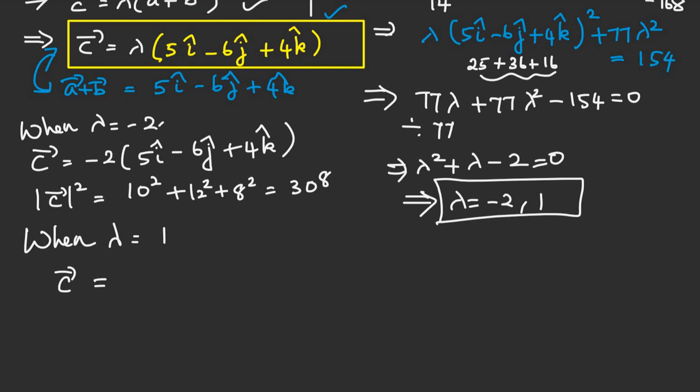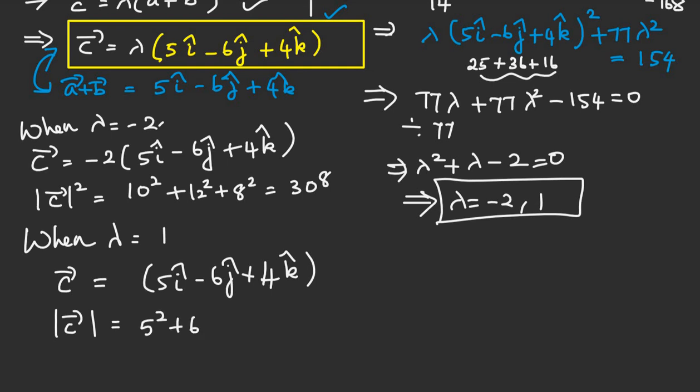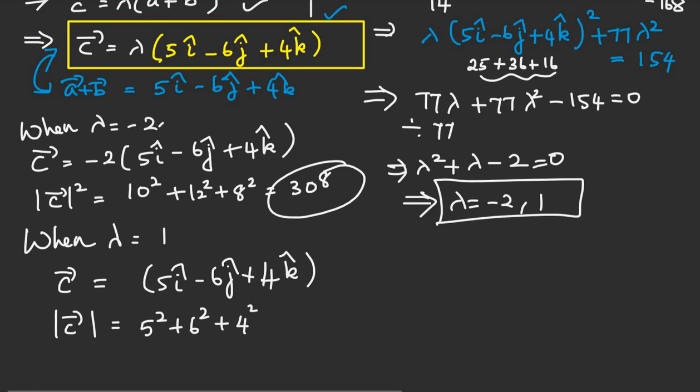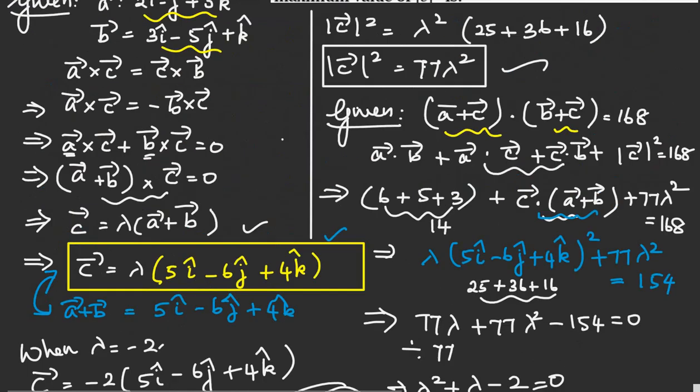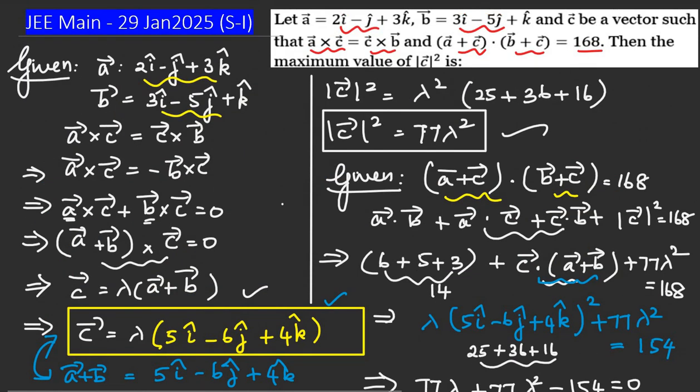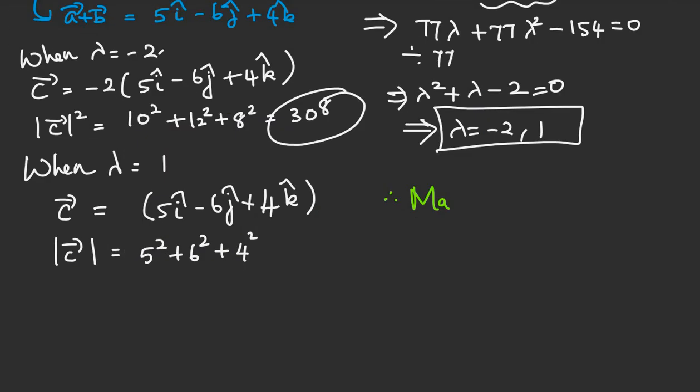When λ is 1, C vector is equal to 1 times (5i − 6j + 4k), which implies |C|² will be equal to 5² plus 6² plus 4², which is equal to 77. Naturally the maximum value occurs when λ is equal to −2. From the question we want the maximum value of |C|².